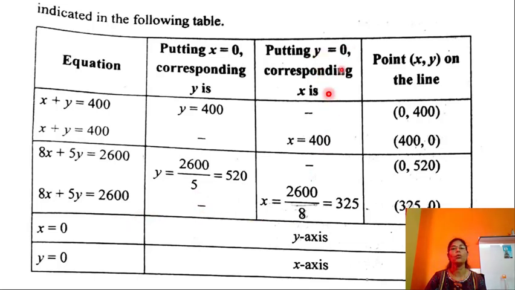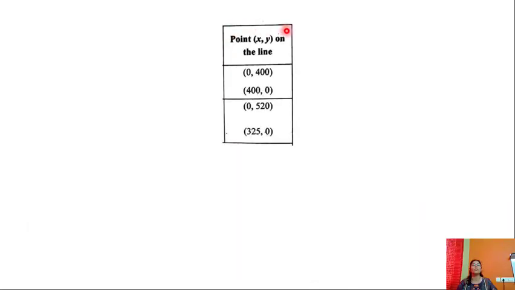And when y is 0, x is equal to 2600 divided by 8, which is 325. So here x is 325 and y is 0. And the non-negative restriction x = 0 comes on the y-axis, and y = 0 on the x-axis. Let us plot these points on the graph.